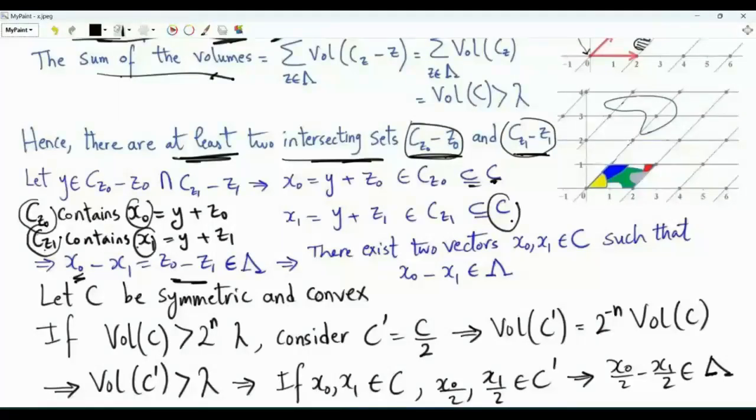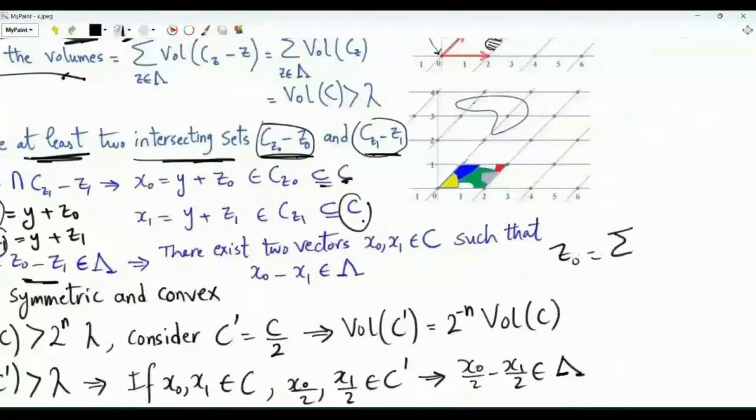So x0 is a point in C. x1 is a point in C. Their difference is in the form of z0 minus z1. z0 is a point in the lattice. It's an integer combination of the b vectors b1 to bn. z1 is also a point in the lattice. The difference between 2 points in the lattice is a point in the lattice, right?